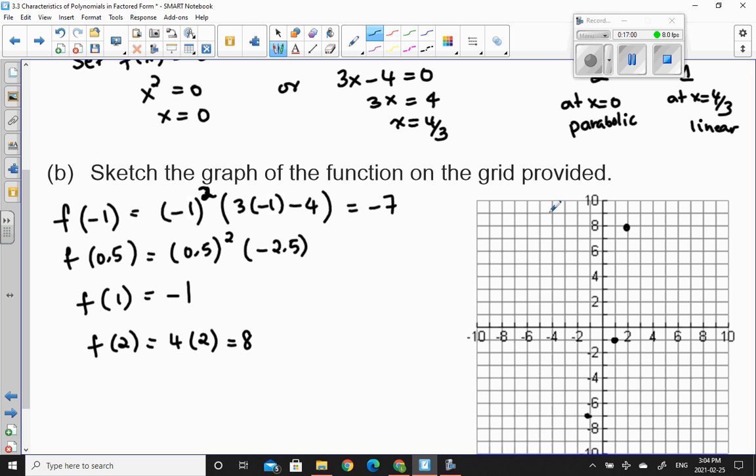At the zero at 0, it's going to be a parabolic shape, and at 4/3, which is approximately 1.3, somewhere here, it will have a linear shape. Those are the two zeros, 0 and 4/3.